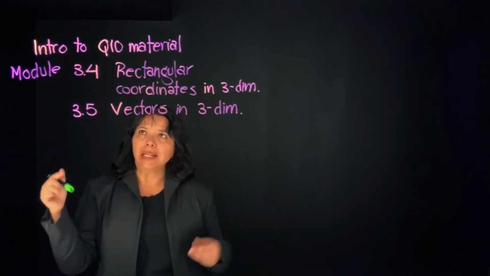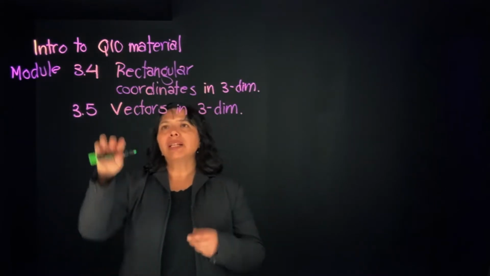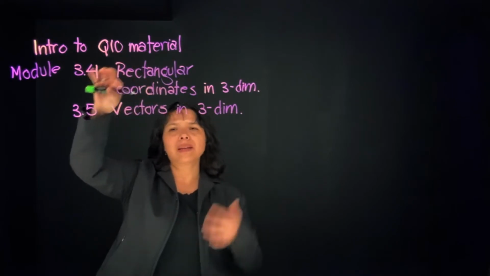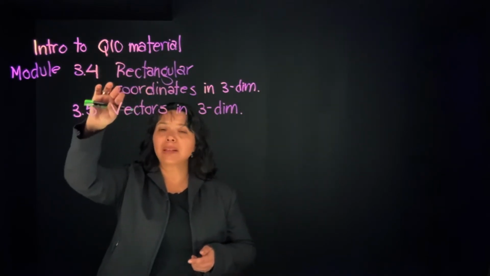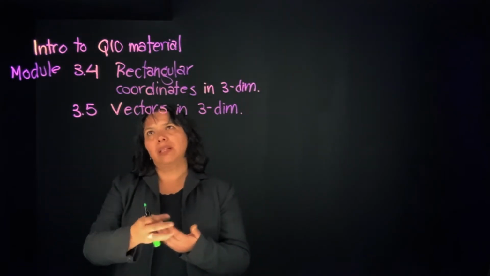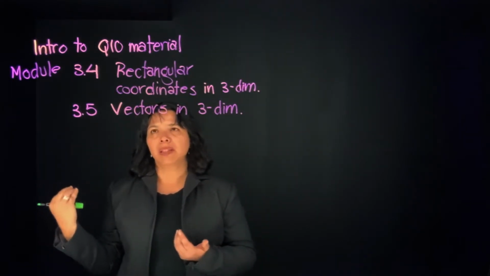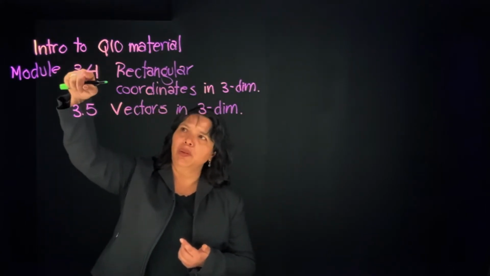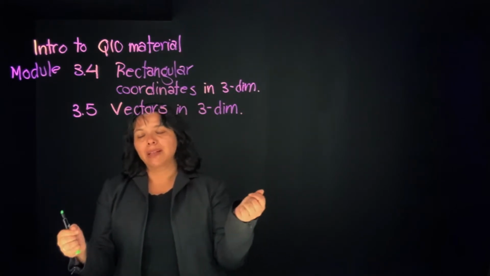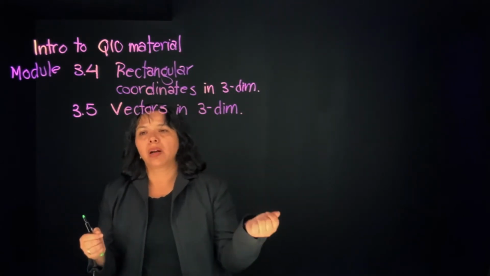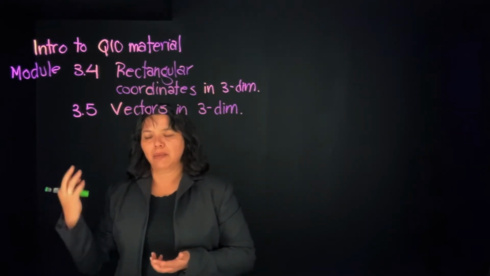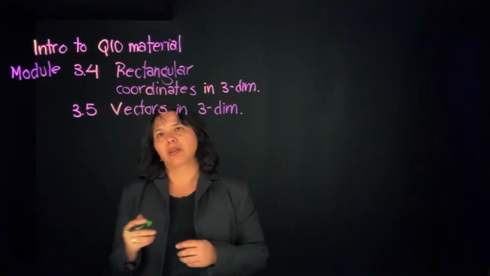So the good news is that for this quiz you really just need to practice a bit getting familiarized with coordinates in 3 dimensions, and then you are going to build upon what you learned in your previous quiz material, modules 3.2 and 3.3. It's just extending your formulas and everything with one more coordinate. So it's basically the same as the previous material, but with one extra coordinate, which is pretty cool.